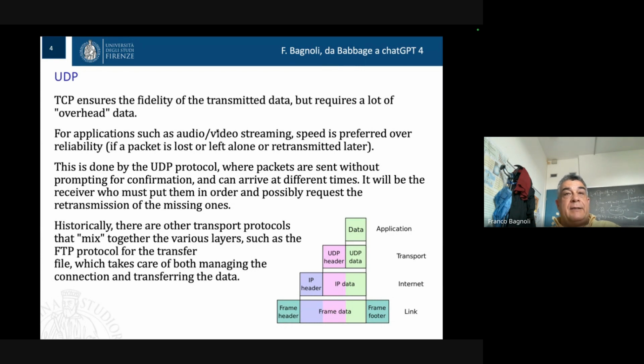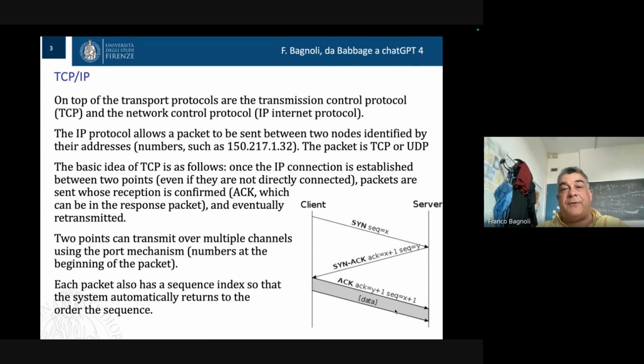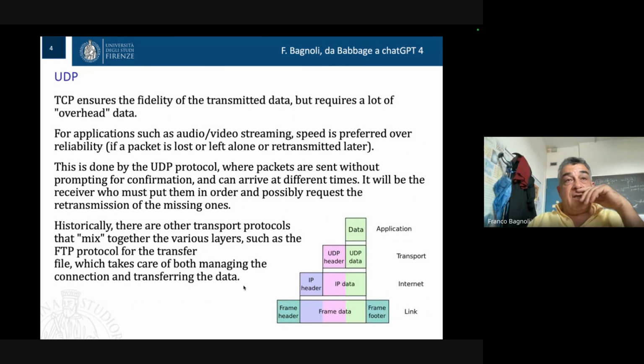So TCP is an accurate way of transferring data, but the problem is that it requires an acknowledge for every packet of data. So it generates a lot of traffic. And this is not good, for instance, for streaming or other kinds of massive transfer.